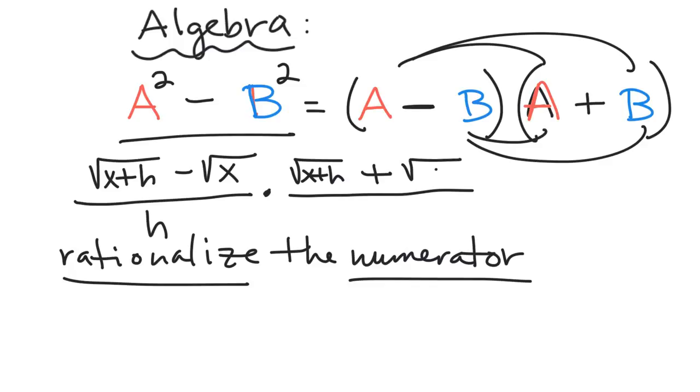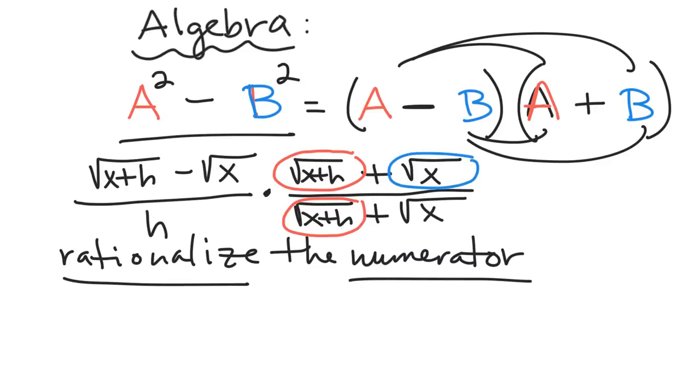Now, what's the point of this? Well, if you look up above, you'll see what the point is. So this is none other than 1, but this is our A, right? And this is our B. And now we have A minus B times A plus B. So in the numerator, what is that equal to?